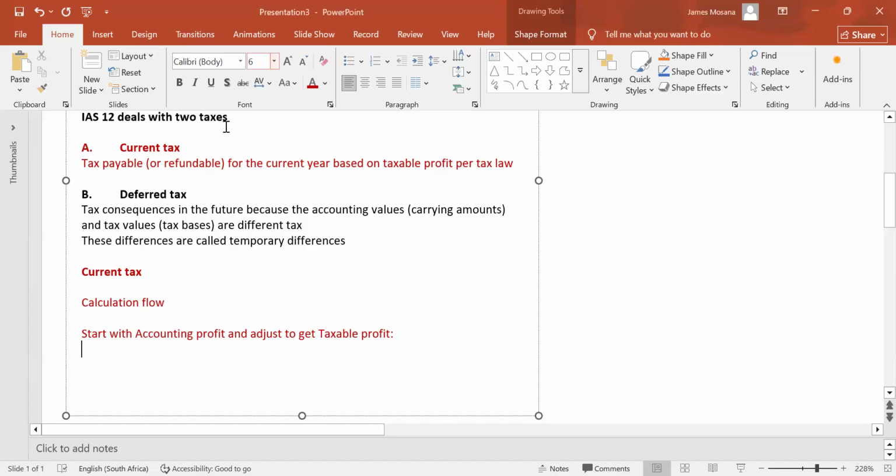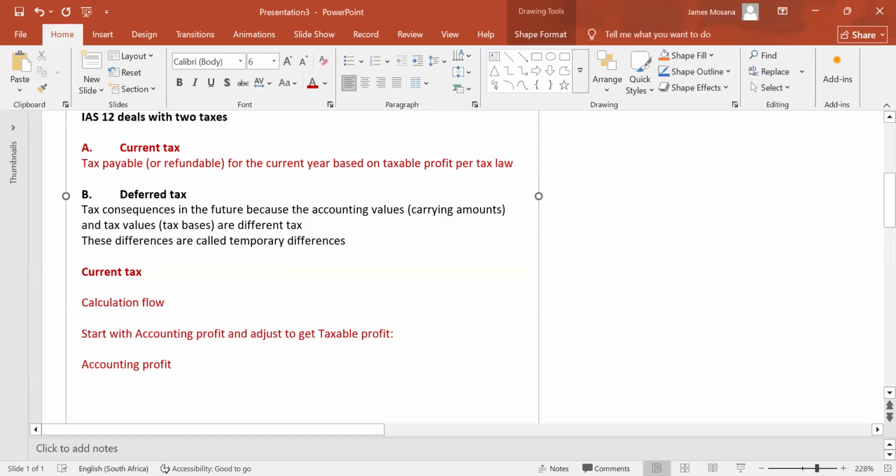So now, basically what we are going to do, we are going to have our accounting profit, which is the profit before tax, right? So this will be in reference to IFRS.